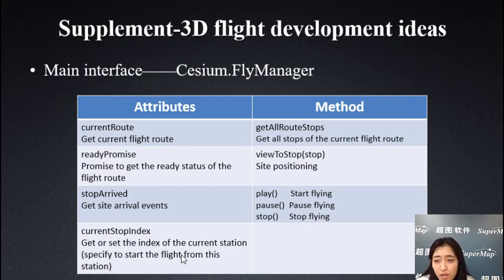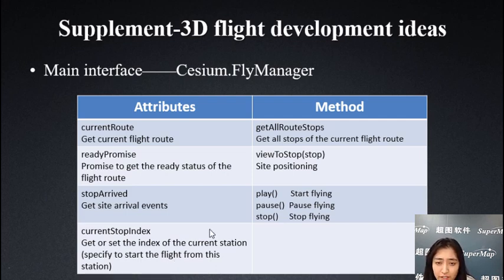So if you want to look at station 2, you can just select station 2 to look at this station. Okay, that will let you view your station point.